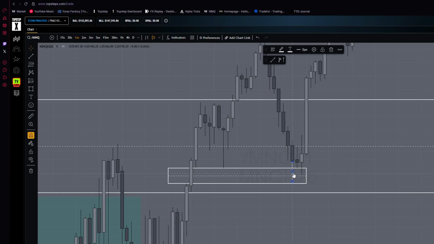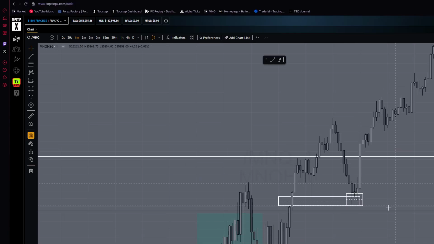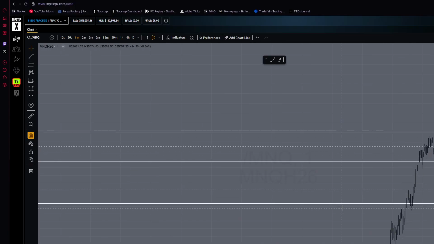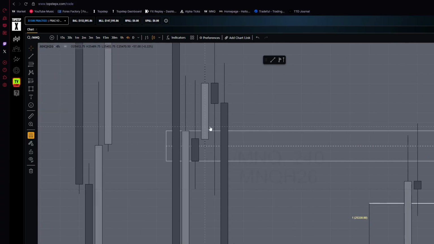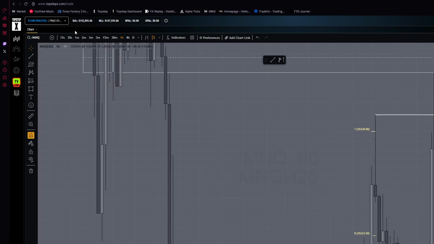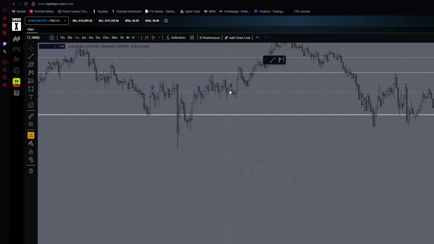And then boom, swept this liquidity right over here, tapped into the rejection block, entered there, stop loss 4 points right there. Ran it up to here, which was a standard deviation level, and it was like a 4-hour breaker block and then a 1-hour order block, whatever it was. Anyways, my take profit was right here. That was like 230 points, or something like that.